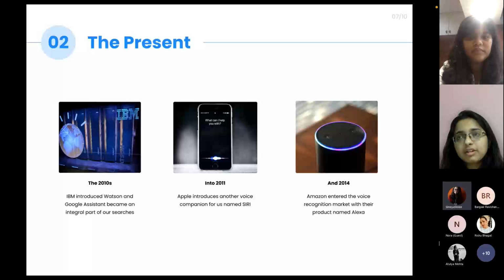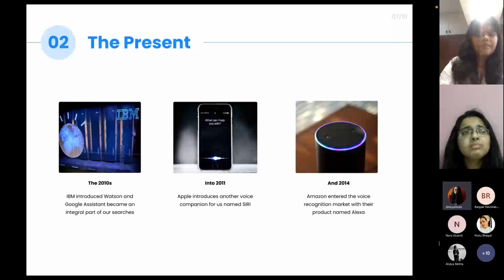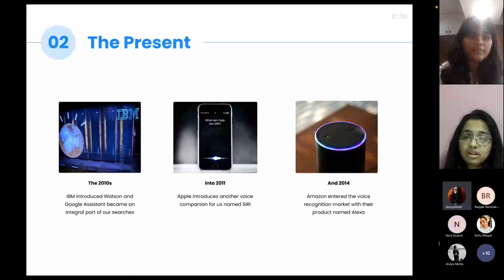And I think in the 2020s and in 2021, we've seen a lot of use of this technology and a lot of improvement that has happened. And I'm pretty sure that there's going to be a lot more coming in this technology, and a lot of us are going to see this particular technology boom in the industry.